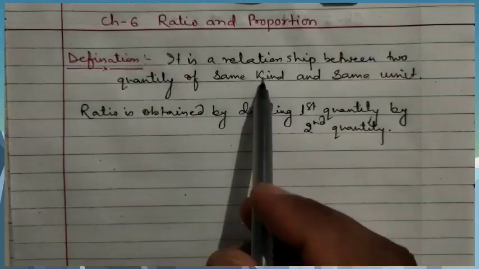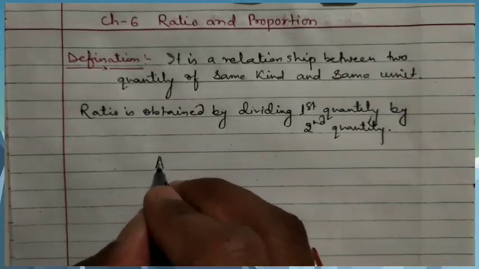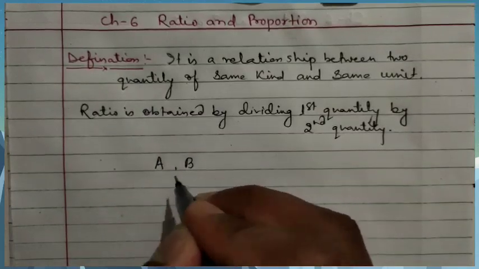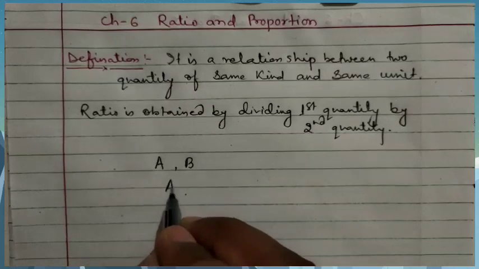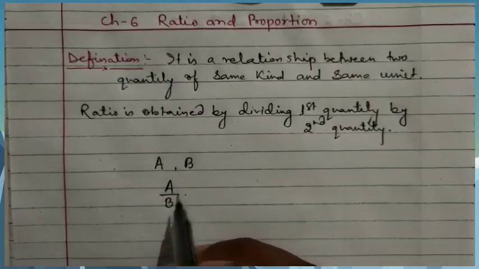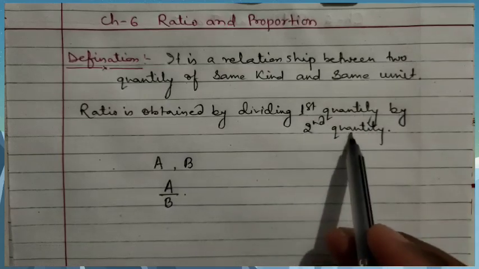The definition is telling us it is a relationship between two quantities. Suppose let us take first quantity A and second quantity B. Then we can say that ratio will be A divided by B. Ratio is obtained by dividing first quantity by second quantity.